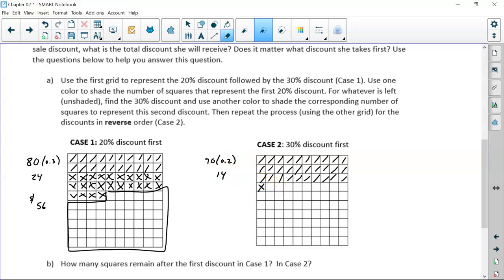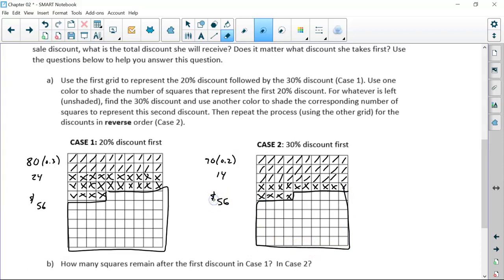So we're going to now take off 14 more blocks. Cross off the other side. So you can see, if you count them up, we have the same number of blocks remaining, 56.